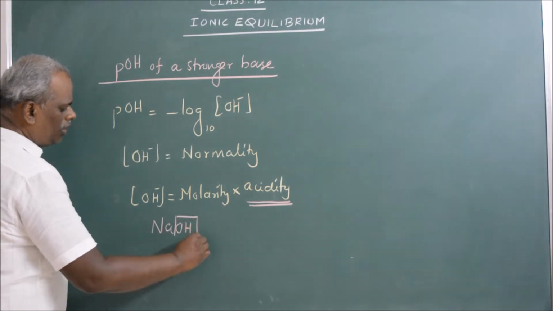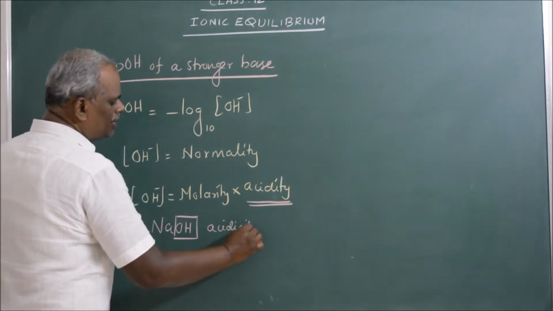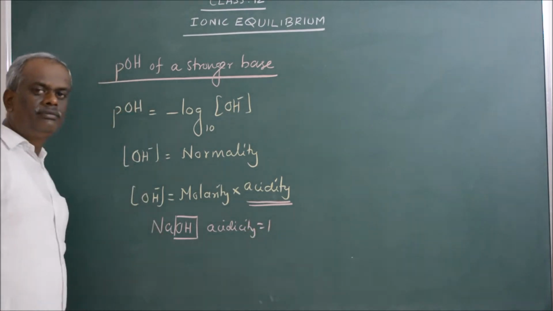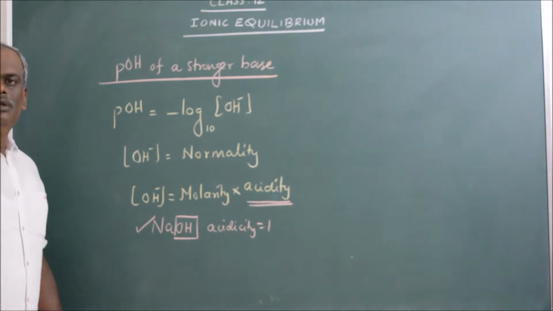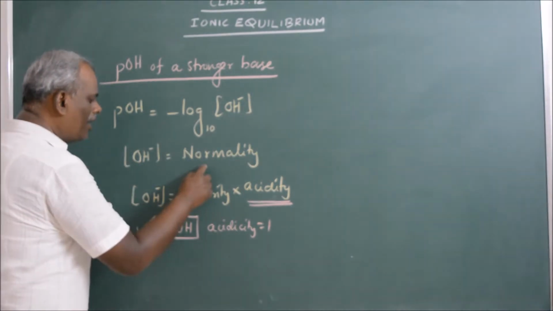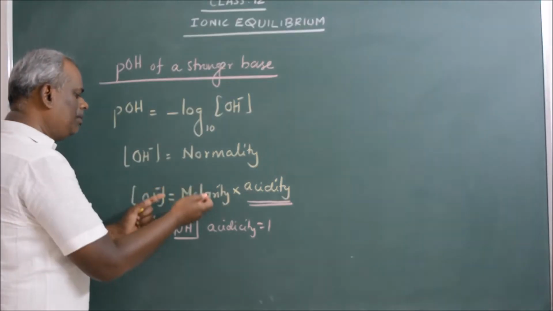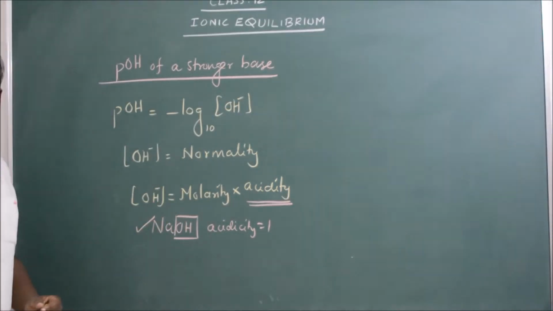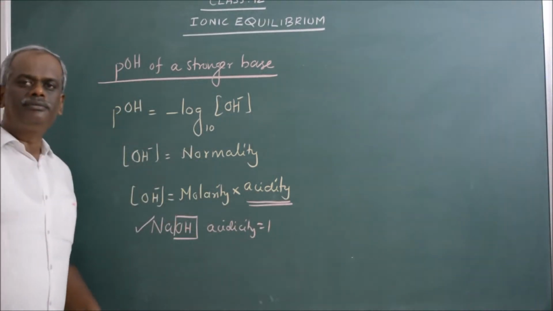It contains only one OH and hence its acidity is equal to 1. So for all monoacidic bases, you need not bother about normality and molarity. The given normality might be equal to its molarity because the acidity is equal to 1.